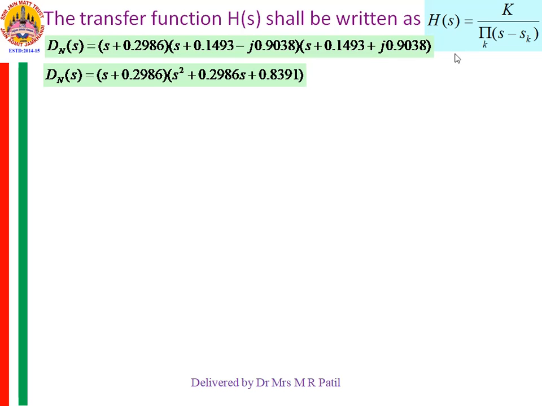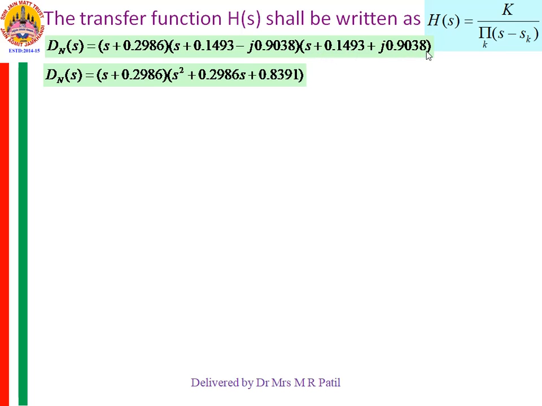Now for odd order, K is Dn of S, you have to substitute S is equal to 0. Now what is Dn of S? S minus S1 will be S plus 0.2986. This is S0 and this is S1. So S plus 0.1493 minus j 0.9038, and this S2 is S plus 0.1493 plus j 0.9038.